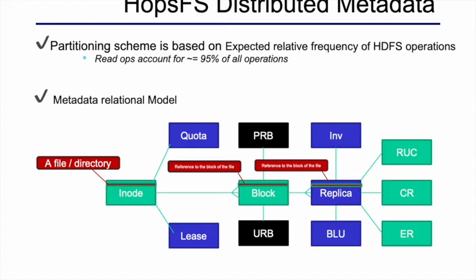Also, there are different tables to represent metadata for the different states of the blocks and replicas, such as under-replicated blocks, over-replicated blocks, and excess replicas. HopsFS has in total almost 90 tables to represent the file system's metadata and its supported features.